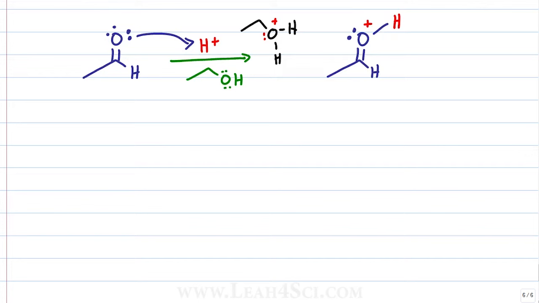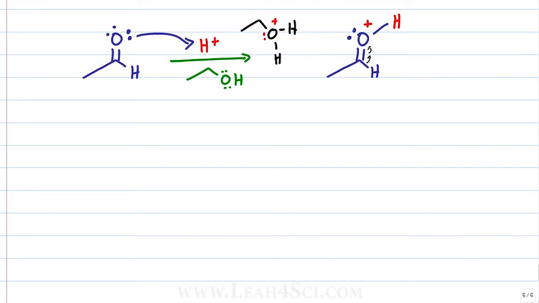Oxygen, as an electronegative atom, is unhappy with that positive charge and starts to pull on the electrons between itself and carbon even more to try to make up for that positive charge. The more oxygen pulls electrons away from carbon, the more partially positive that carbon, the more susceptible it is to attack. That's what I mean by an activated carbonyl.